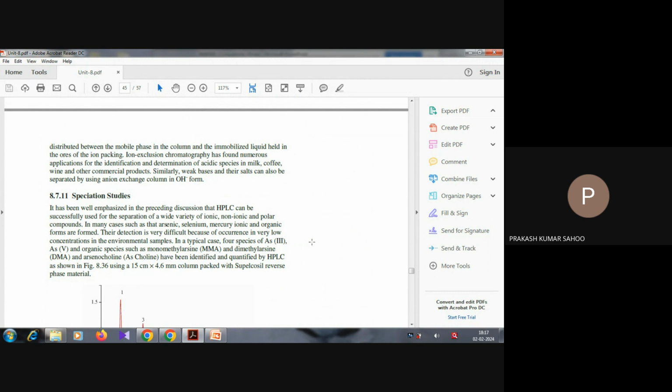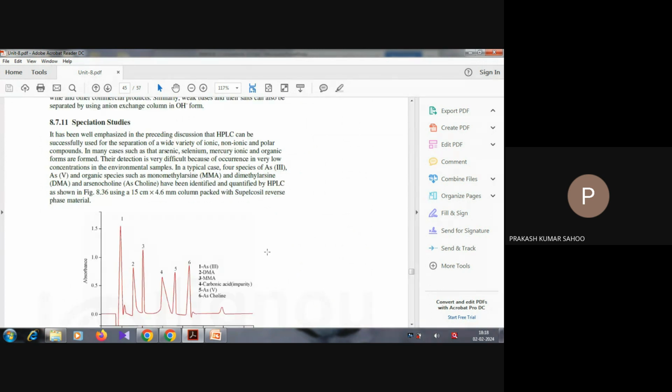It has been well emphasized in the preceding discussion that HPLC can be successfully used for the separation of a wide variety of ionic, non-ionic, and polar compounds. In many cases, such as arsenic, selenium, mercury, organic forms are formed. Their detection is very difficult because of occurrence in very low concentration in the environmental samples.